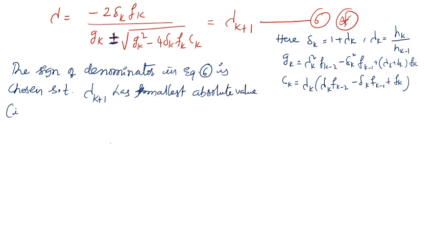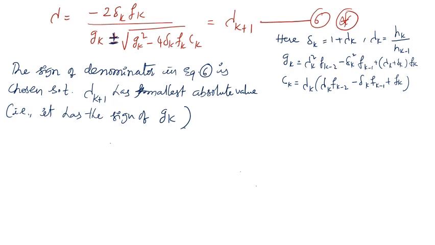Clearly, the denominator has the sign of gk. What is the meaning of this?